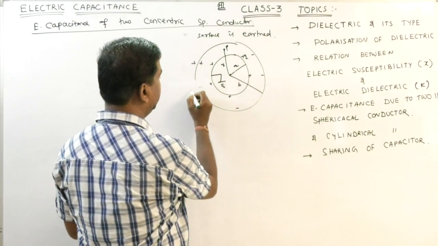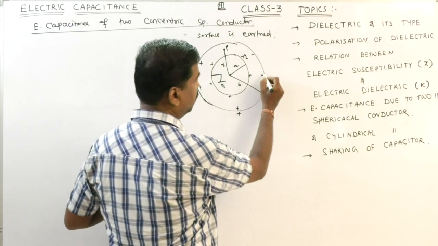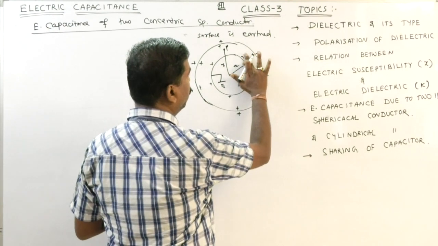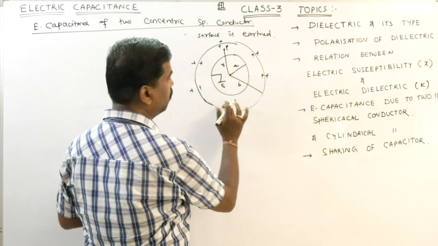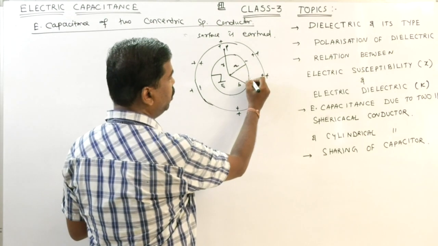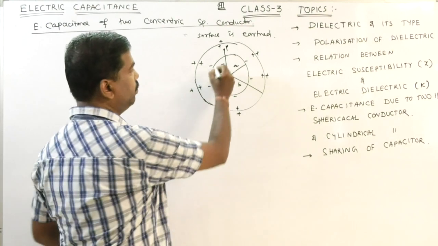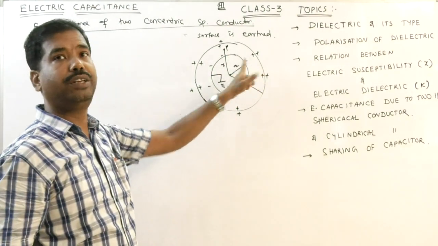It means the outer surface is charged with a charge Q. It means negative charge is induced at its near end. Clear? The outer surface of the inner sphere.